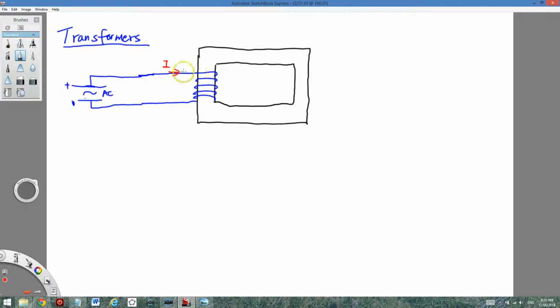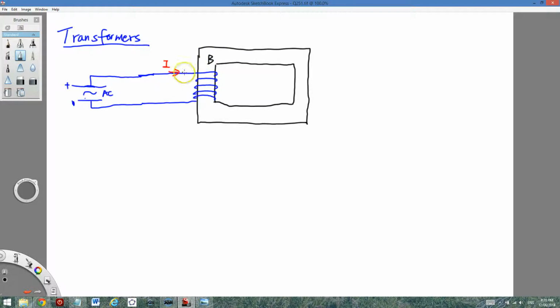And when we have a solenoid, we produce a magnetic field. So there's an induced magnetic field, and the most beautiful thing about this magnetic field is its strength changes with the current.